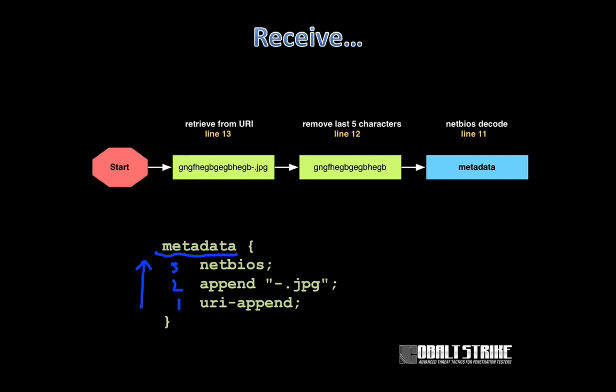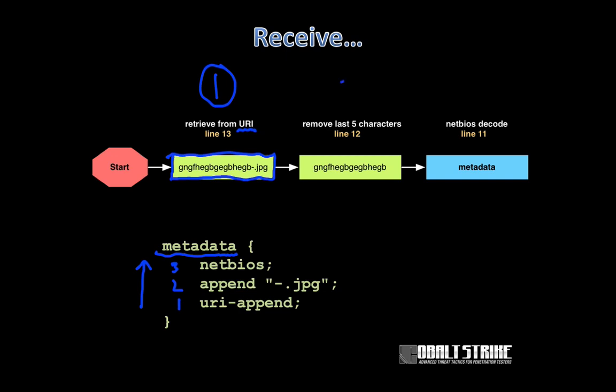So let's go ahead and start. First, step 1 is to retrieve our encoded blob from where it's stored in the transaction. In this case, that's in the URI. So we strip this thing off of the URI. And so we've got that.